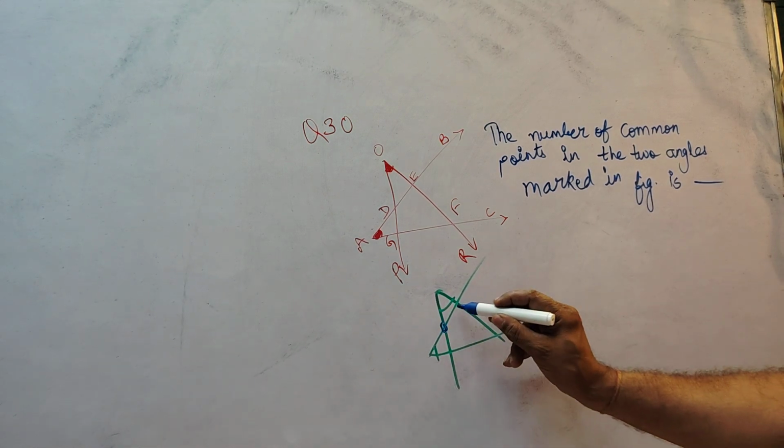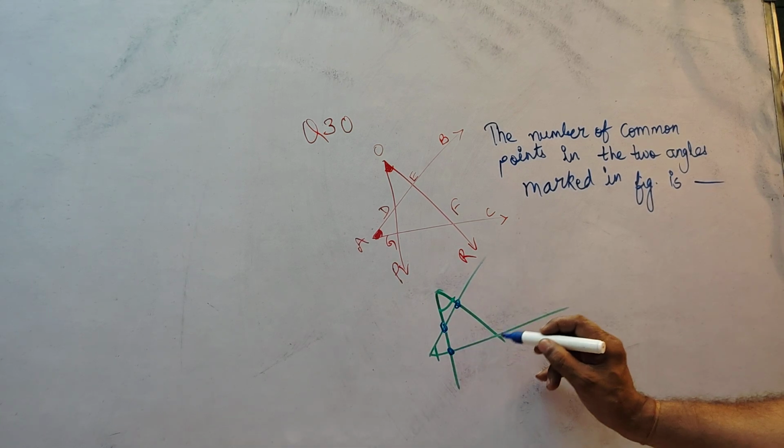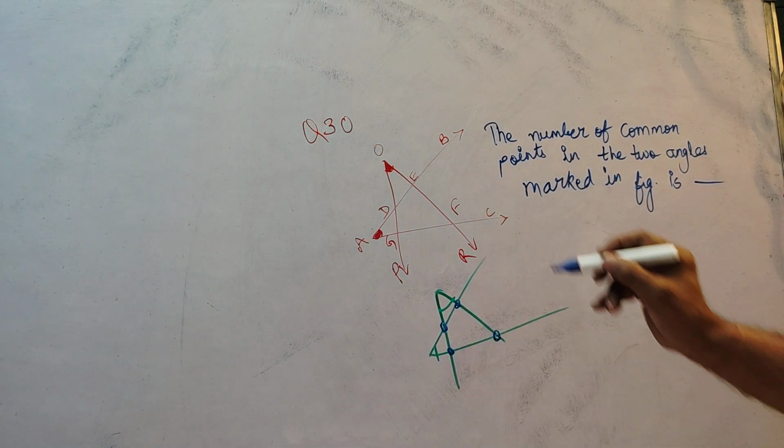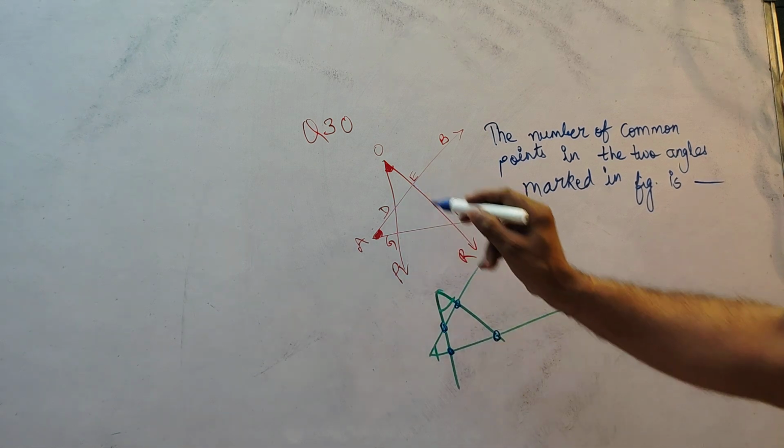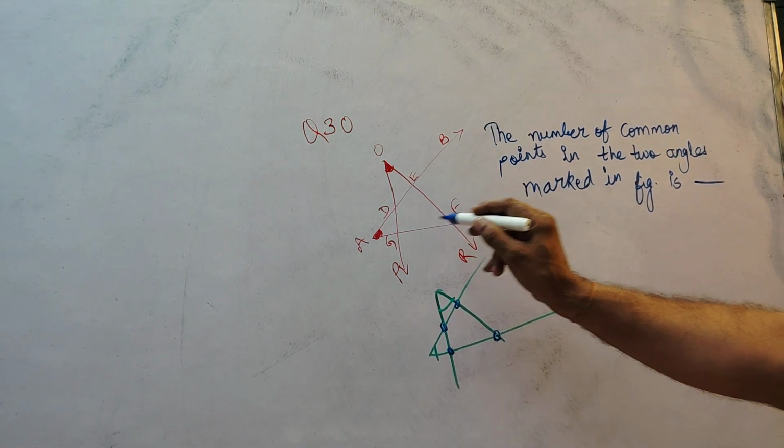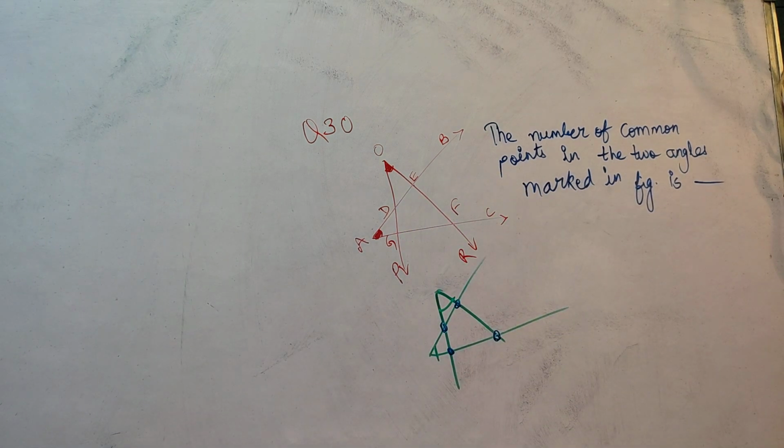This is the first point, second point, third point, fourth point. So these 4 points are D, E, F, G. So 4 points are common.